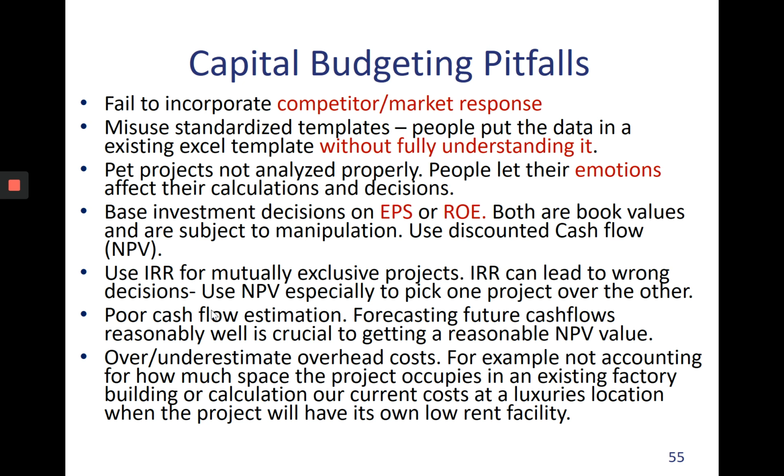Internal rate of return calculation has its own pitfalls. Sometimes IRR can go wrong. And this is especially for projects that are similar to lending money rather than borrowing money. Net present value is usually the method to use, but often in practice, IRR appeals to people and they're forced to use it.